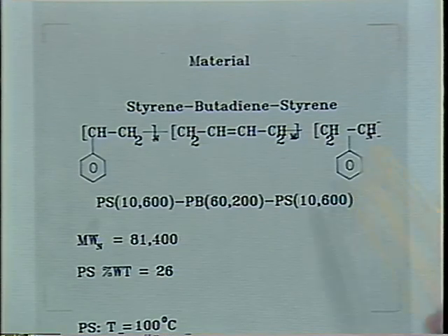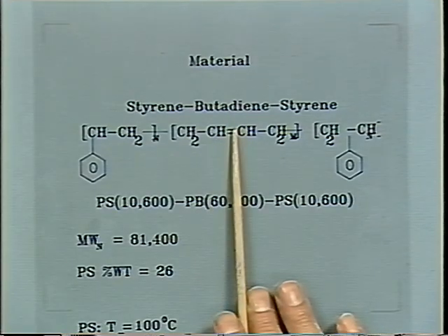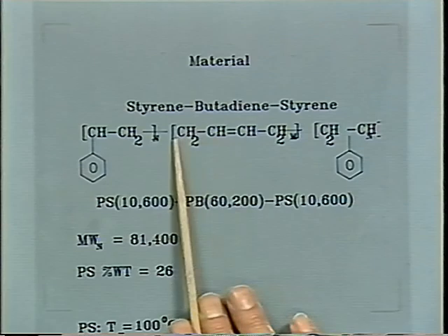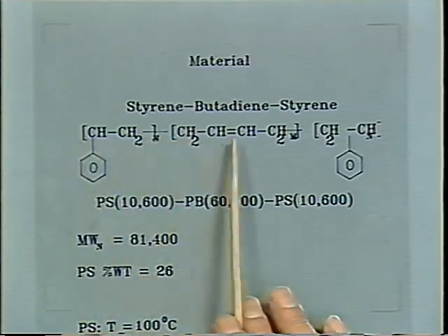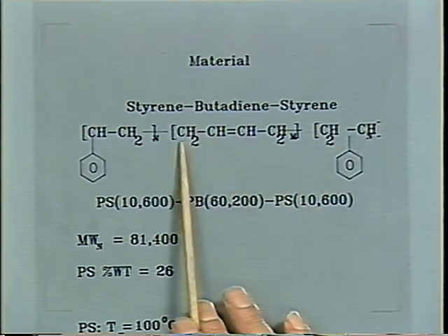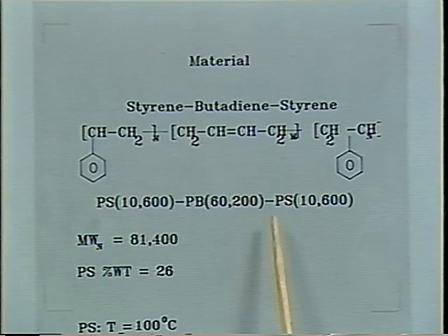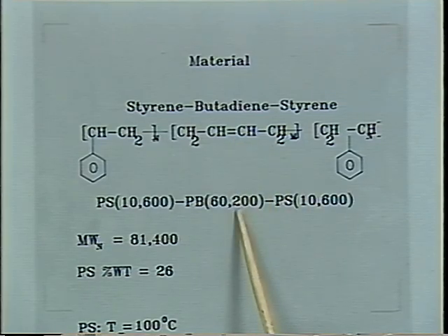The way those molecules are made is the following. The center block is cut in half, so we have a polybutadiene, which is terminated with a long styrene block, and two of those are then merged to form the polybutadiene chain in the center. This center chain is very long. It's highly entangled.